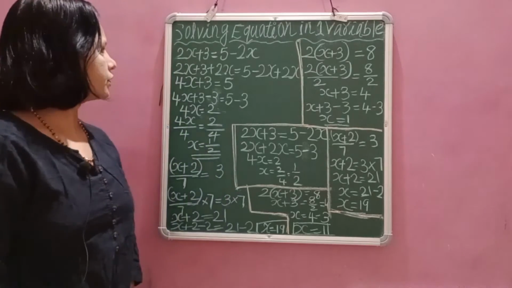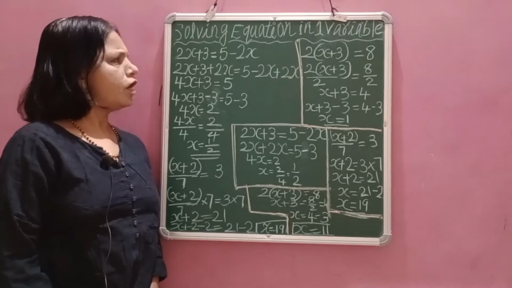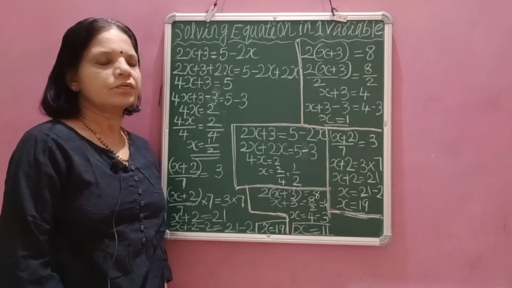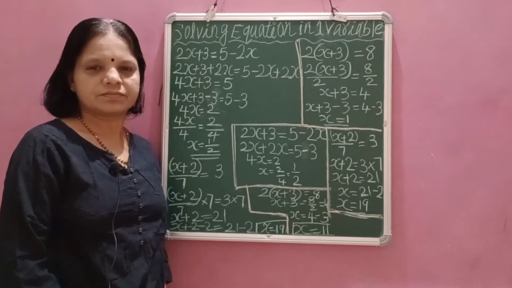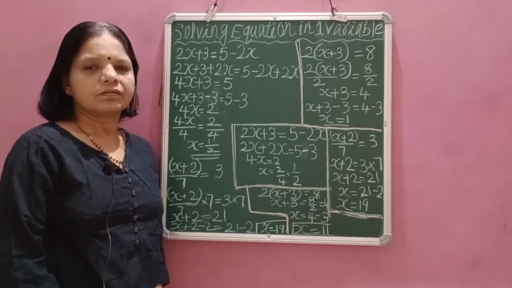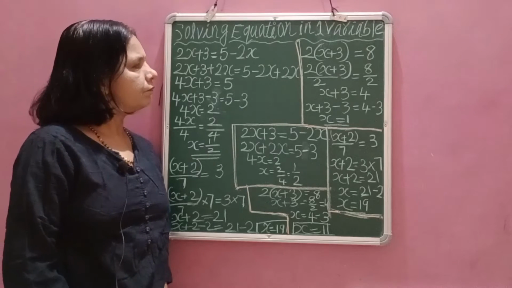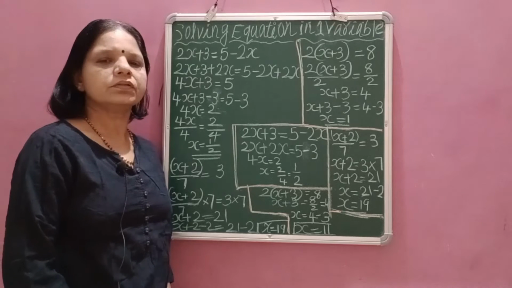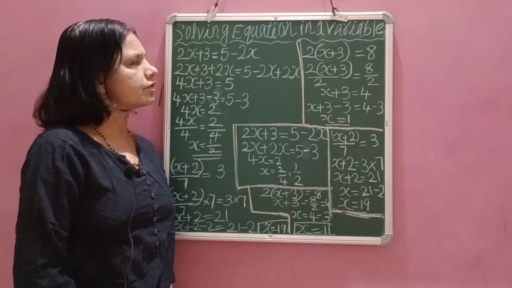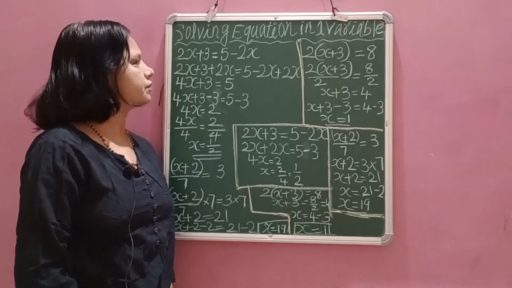So the first equation is 2x plus 3 equal to 5 minus 2x. Here you can see the variable on both the sides. Here in RHS minus 2x is there, in LHS 2x is there.